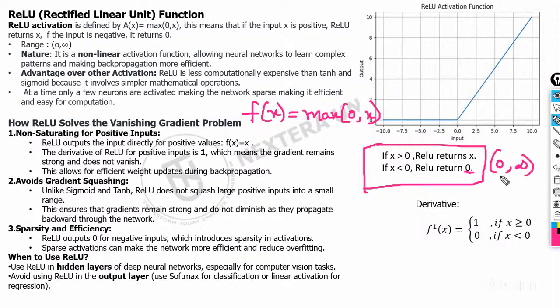Okay, so this ReLU activation function has, you see the graph. Till here, I mean till 0, it is linear, and from here it starts. So it is a combination of both linear and non-linear function, ReLU.